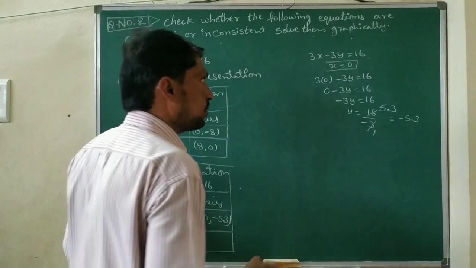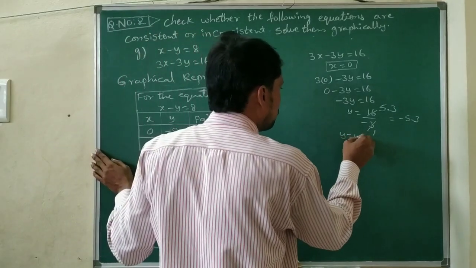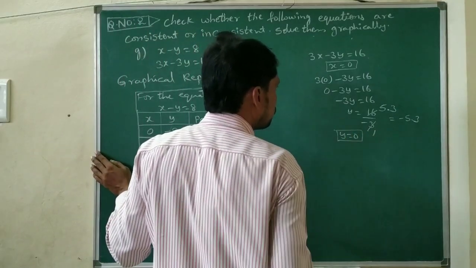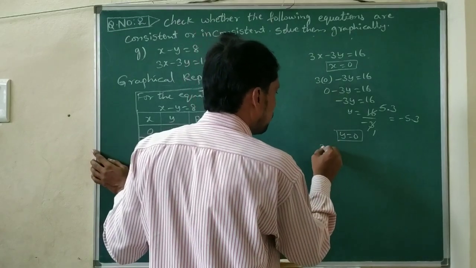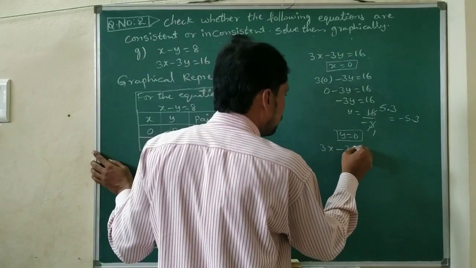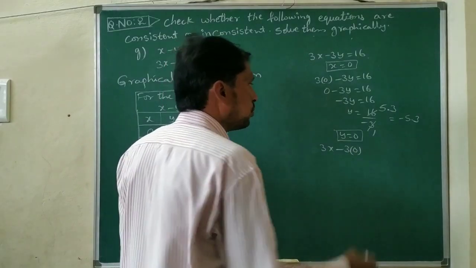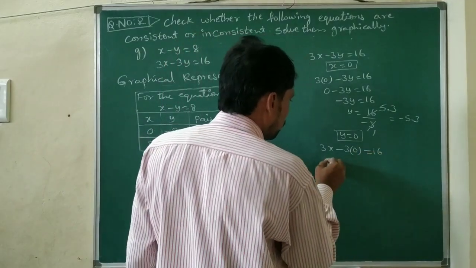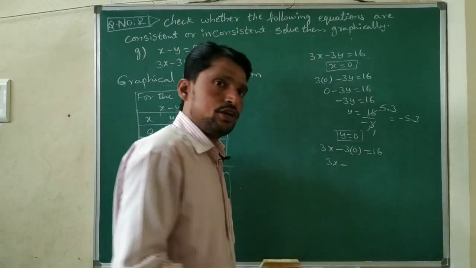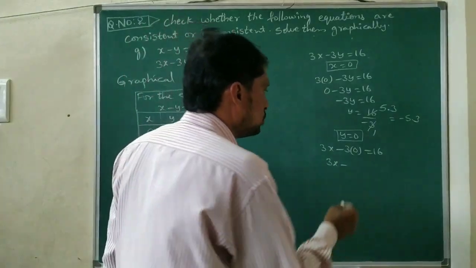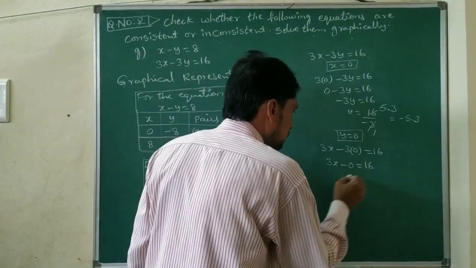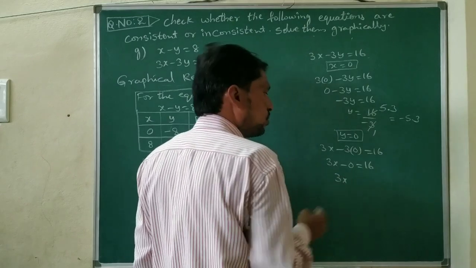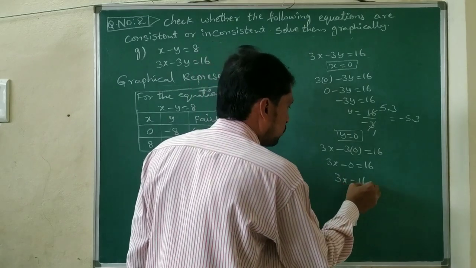Next we assume y equal to 0. So y equal to 0 means 3x minus 3 into 0 equals 16. 3 into 0 is 0, so we get 3x only equals 16.